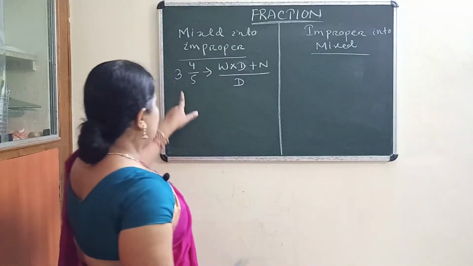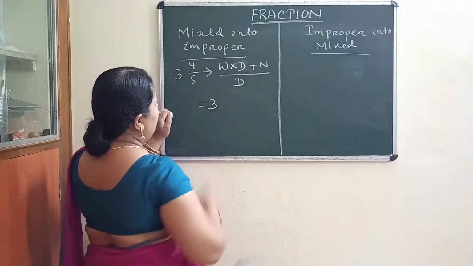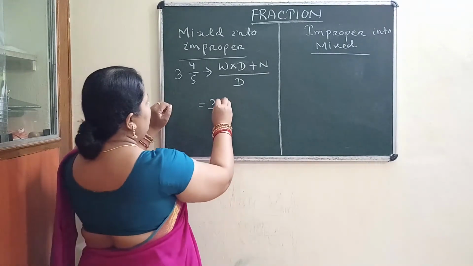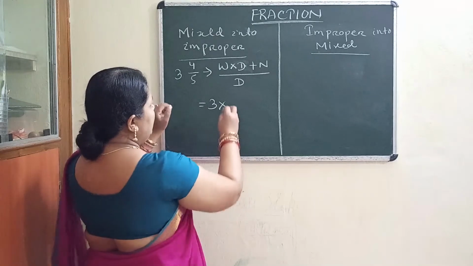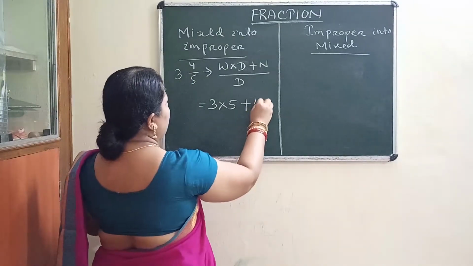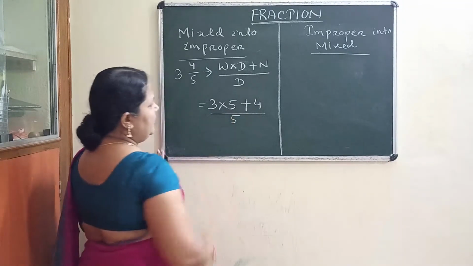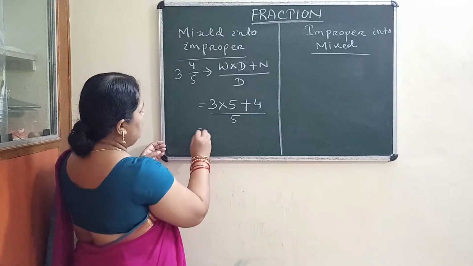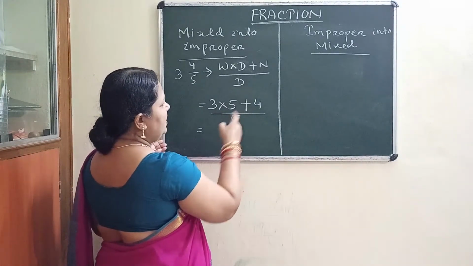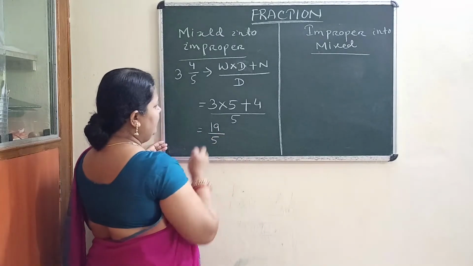So what is the whole number? We have taken 3 as a whole number, multiplied by your denominator 5, plus numerator 4, divided by this denominator. So multiply now, 5 3s are 15 plus 4, we got 19 divided by 5.